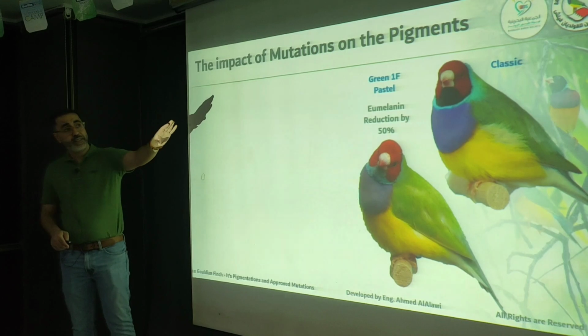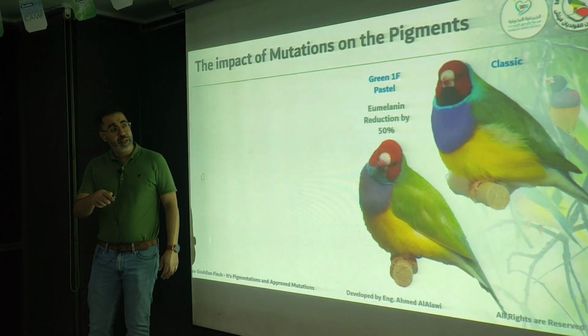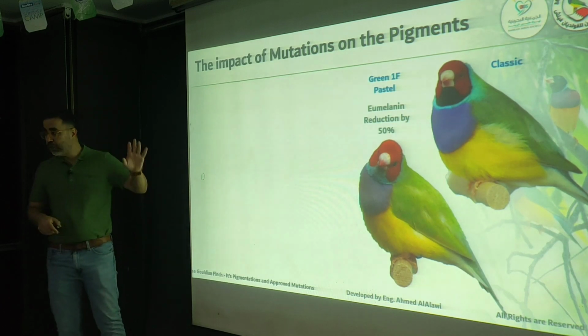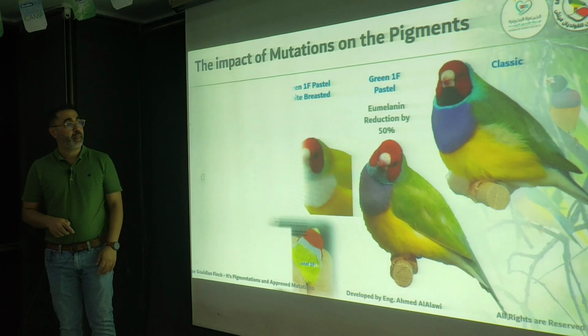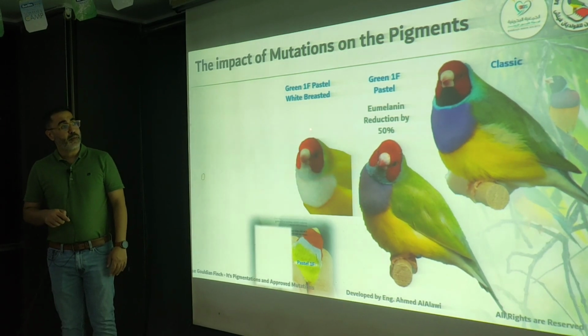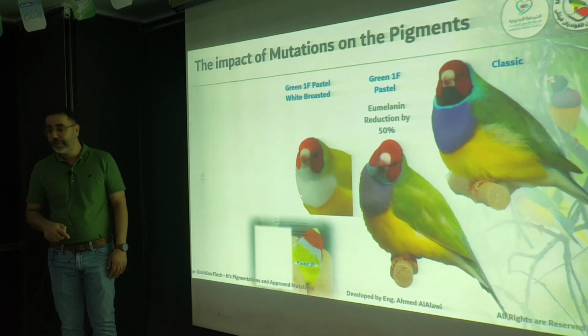Right, we understood this, that this is classic, and now this is green, single factor pastel. We understood that the eumelanin became reduced by 50%. Now, here I have green pastel, which is just like that, but white.